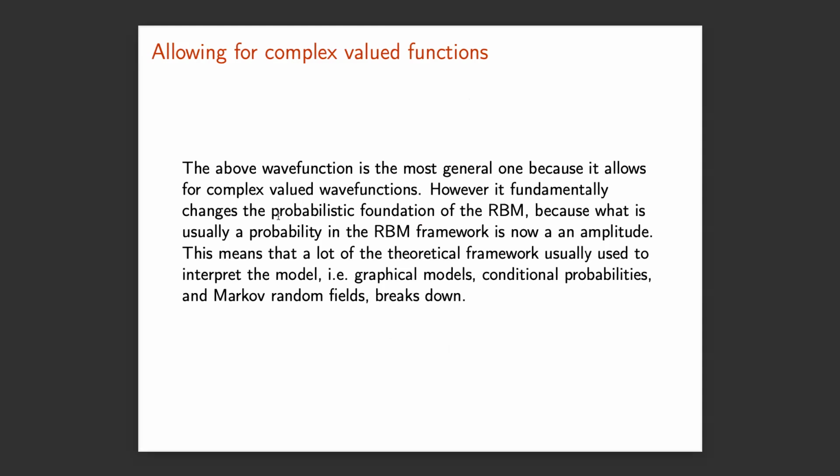But it changes fundamentally the probabilistic foundation of the restricted Boltzmann machine, because what is usually a probability in the Boltzmann framework is now an amplitude. This means that a lot of the theoretical framework usually used to interpret the model, graphical models, for instance, conditional probabilities and Markov chains, actually breaks down.